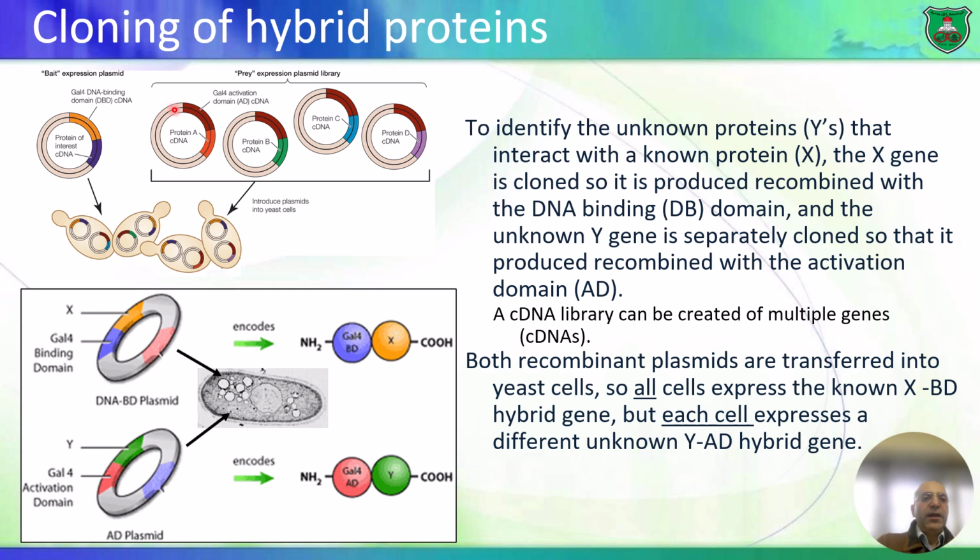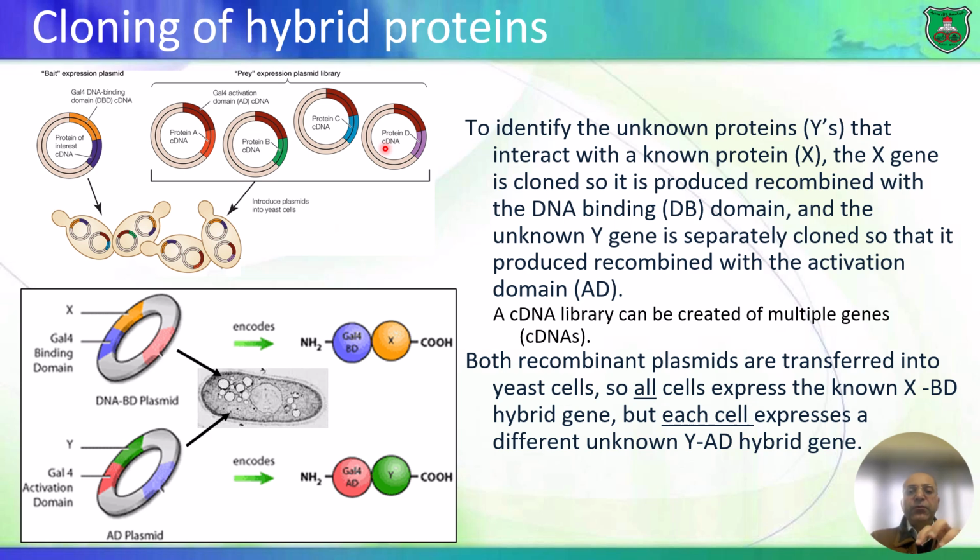So I have this plasmid right here producing protein A. It contains the gene for protein A. And this plasmid has gene B for protein B. This produces protein C. This produces protein D, and so on. This is a cDNA library. So I have different plasmids that can produce proteins, recombinant proteins.